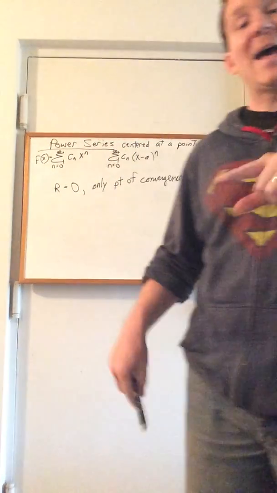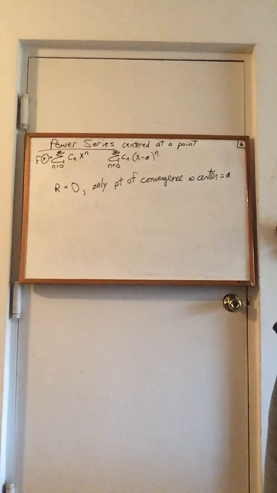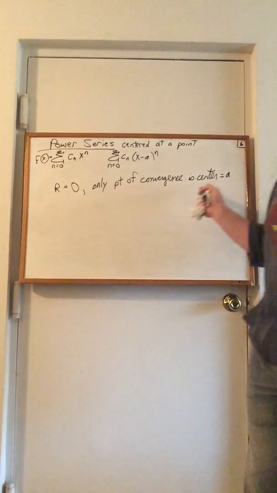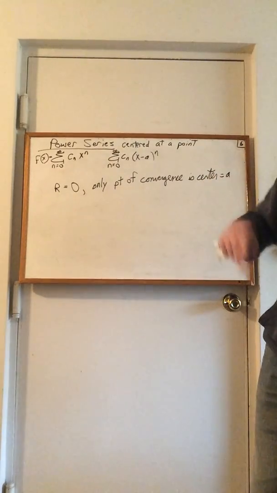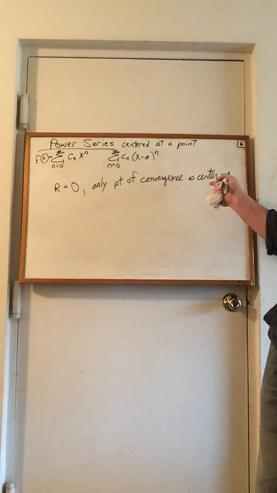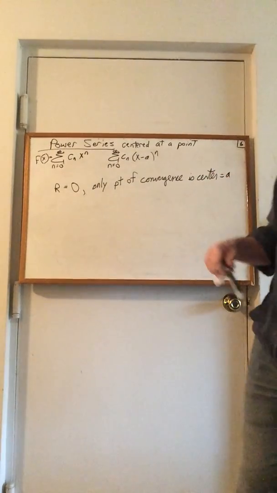So the last one we had had a radius of convergence of 0 because it only converged at a point, its center. So its interval of convergence would just be a point, a, because there's no interval that it converges on except the center.